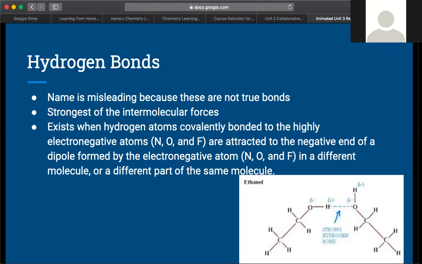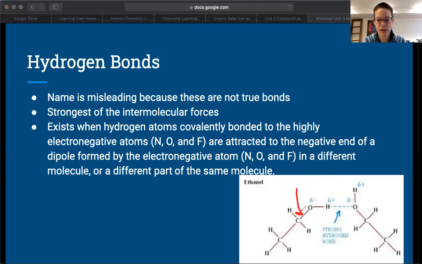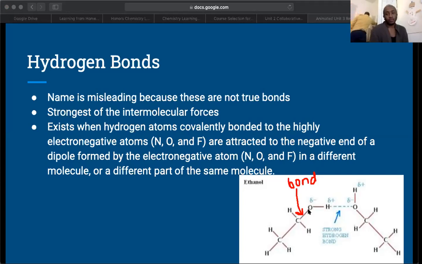I'm sorry, can you say it again? If the bonds happen between this and then the forces happen between this? Yes. So let's see. Let me switch to red. Okay, so that is a bond, right? It's a solid line between two atoms inside the same molecule.